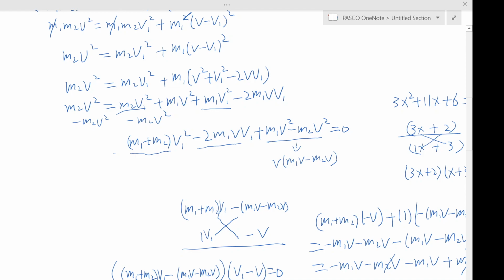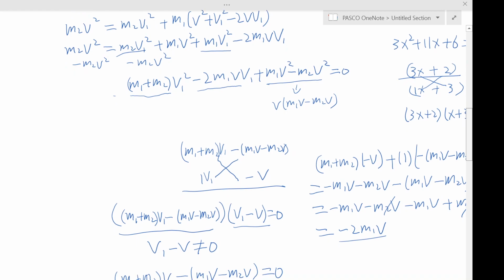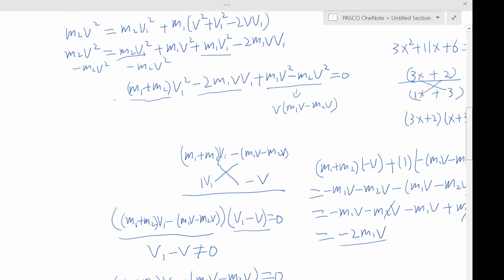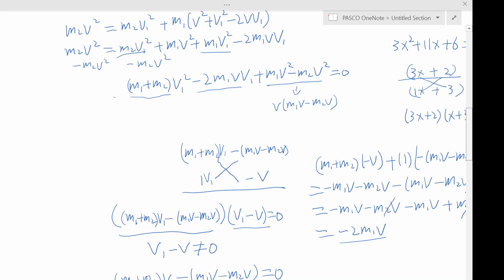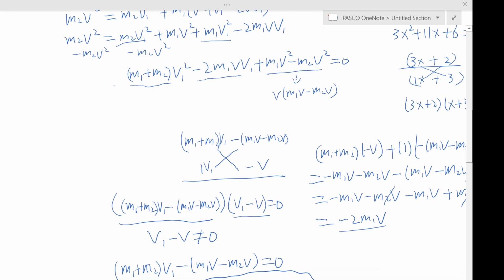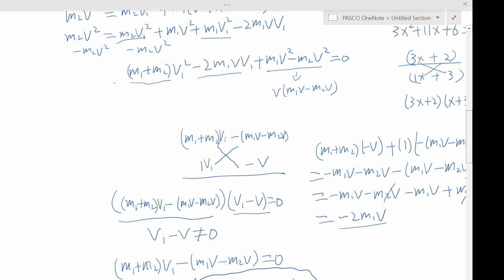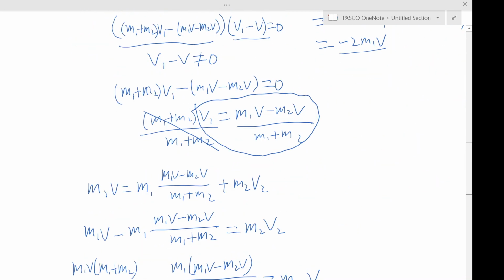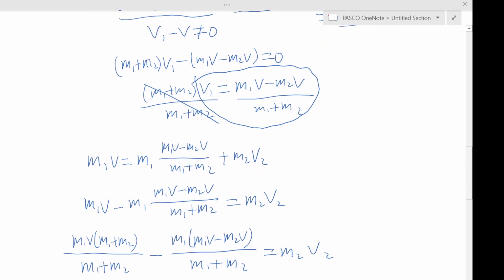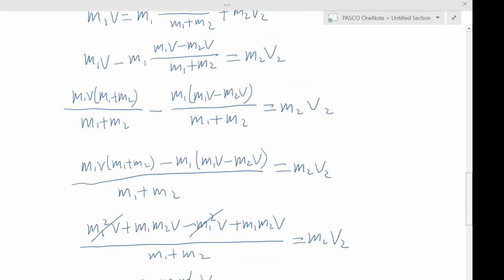There's really no fancy math there. Like I said, we're working with letters, not with numbers, so it looks a bit more complicated. If M1, M2, V were all numbers, it would be a lot easier to solve. But we want to come up with a generic proof. That's why we're using letters instead of numbers.